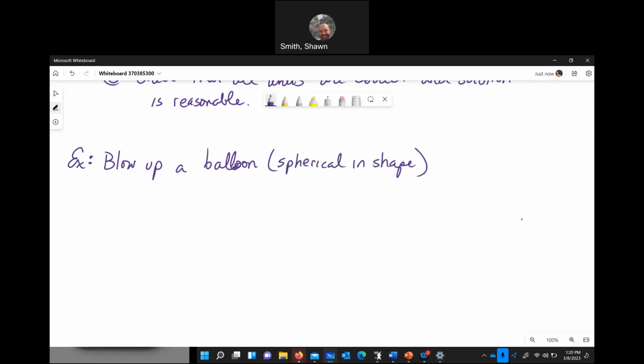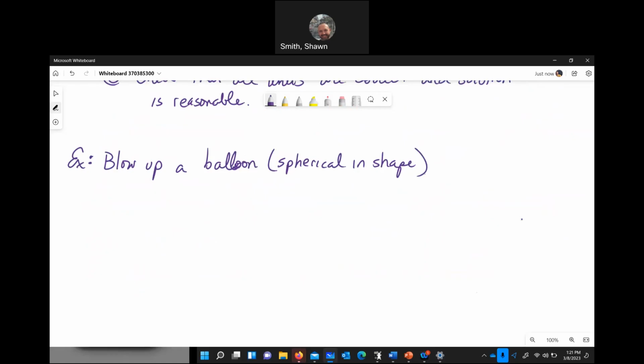Obviously, some balloons are not exactly perfectly round, right? But we're going to say this one is, to make it easier, because we know formulas of round things. Most balloons come egg shaped, and I don't know the equation of an egg shape. So we may know the equation of a sphere.